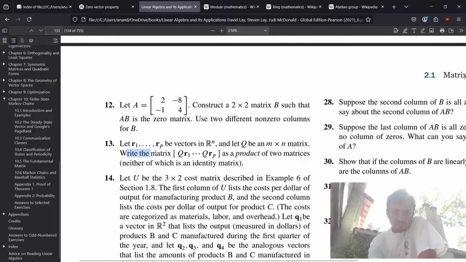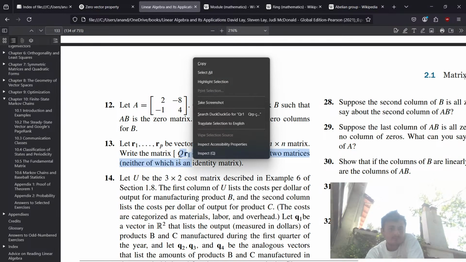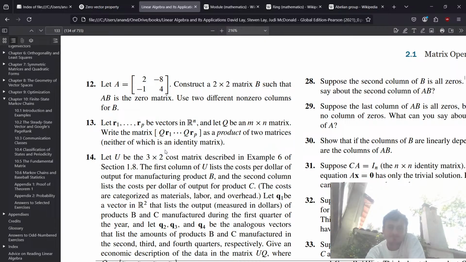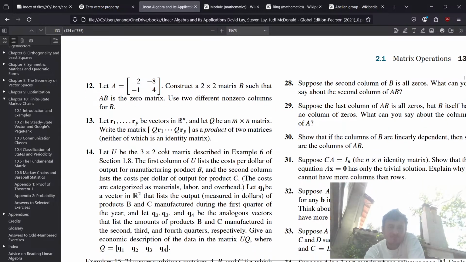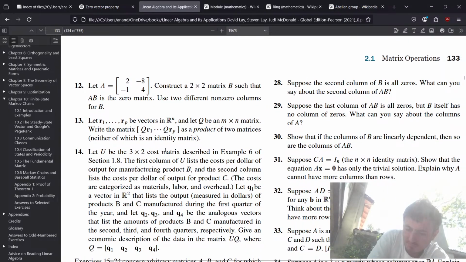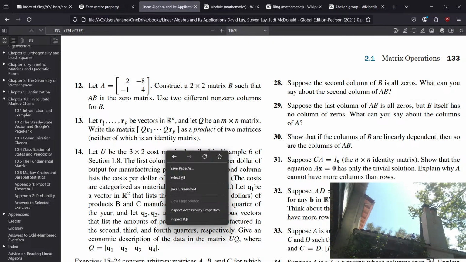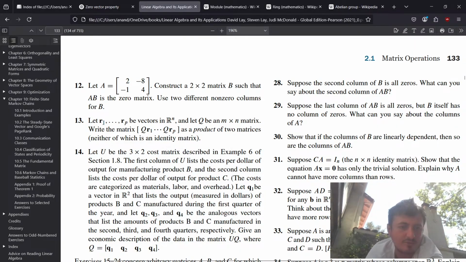Let R1 to Rp be vectors in Rn. Let Q be an M by N matrix. Wow, we're really starting to amp up the difficulty, because before it was all about computing and computing RFs and all that easy stuff. Now it's getting a little bit cooler.